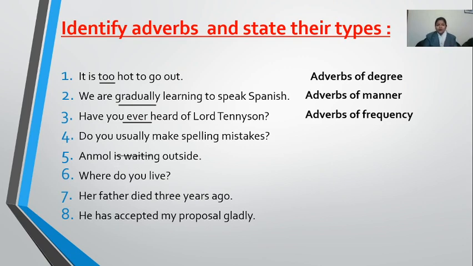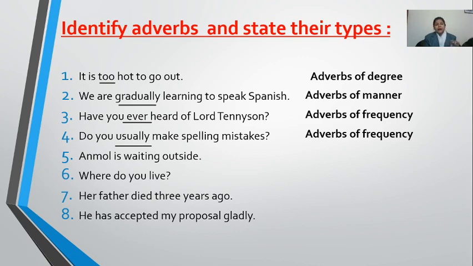Usually, this is my adverb. Now find out what type of adverb it is. Usually make. How make? No, usually is not my answer. How often do I make? Usually make. So this is my adverb of frequency, because when I ask the question with how often, I got usually as my answer.